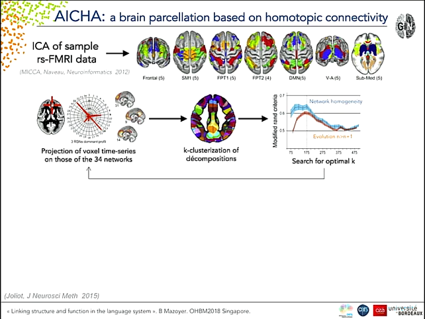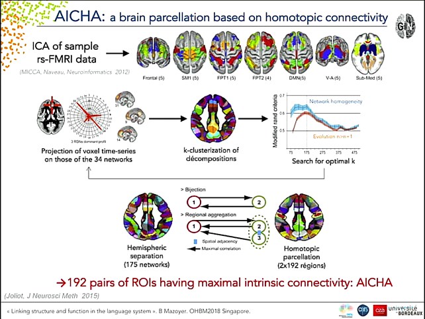By doing so, and doing clusterization, we are able to cluster voxels with similar activity patterns during resting state. In the next step, you can look at, in each hemisphere, which cluster maximizes the correlation with the cluster in the other hemisphere. And if you do that, then you can define the optimal number of clusters.